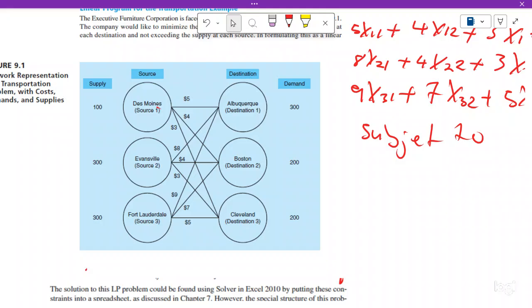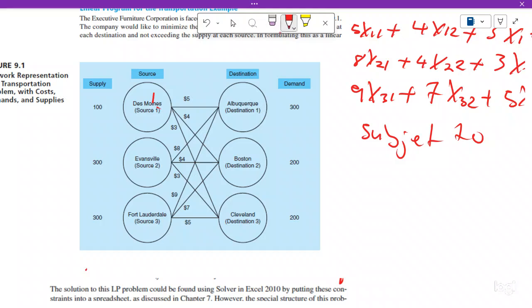So now, imagine that this is x1, okay? Let's not say x1, let's rather say 1.